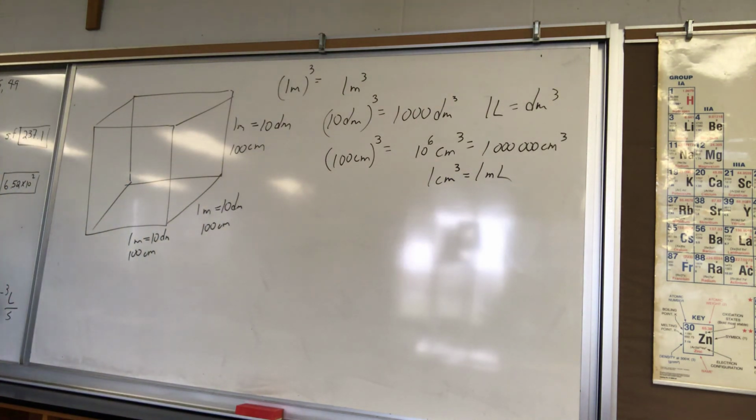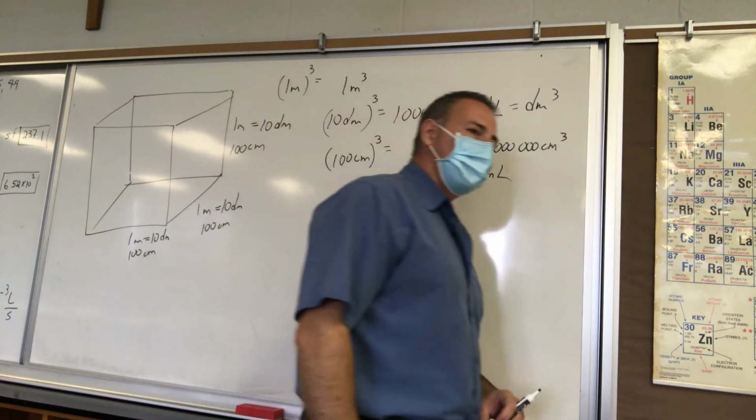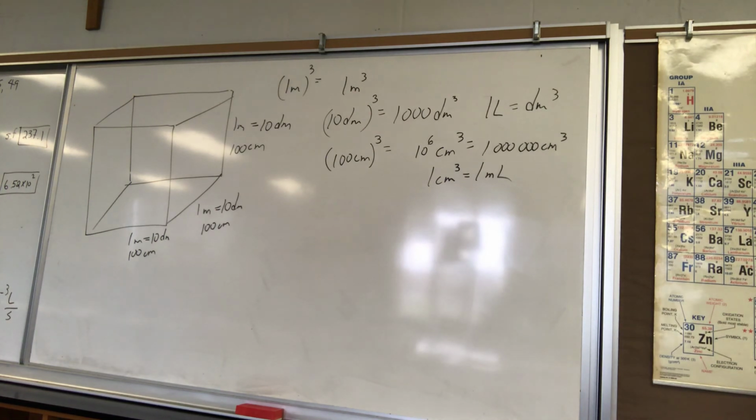If you had a cubic meter of chocolate milks, how many chocolate milks would you have? If a chocolate milk is half a liter, and you had a cubic meter of chocolate milk, how many chocolate milks could you make with it?